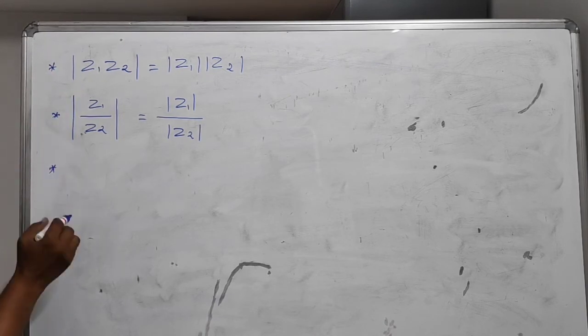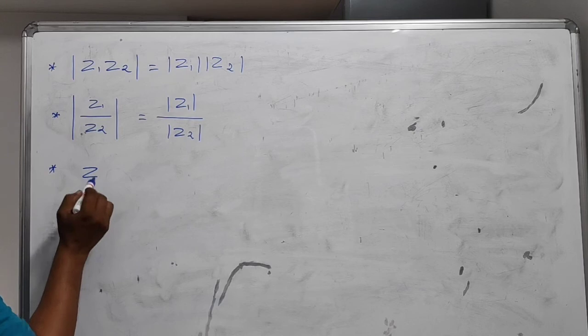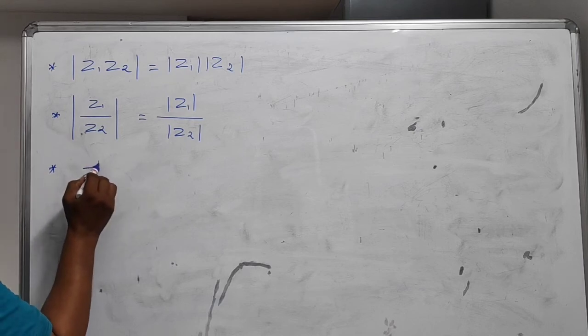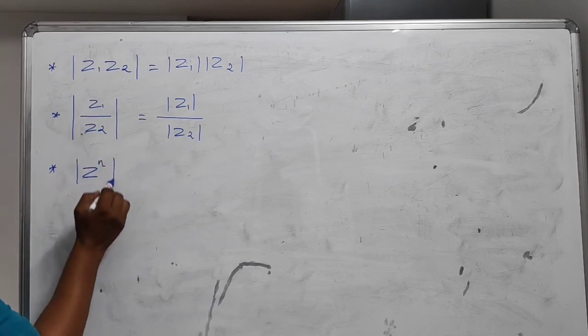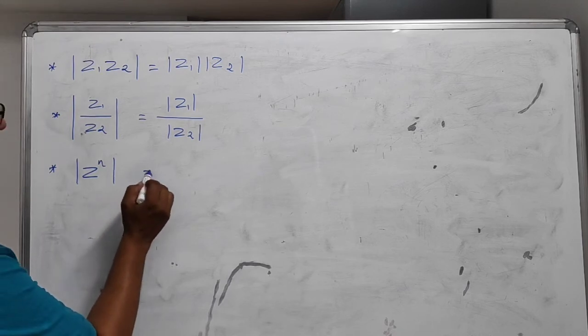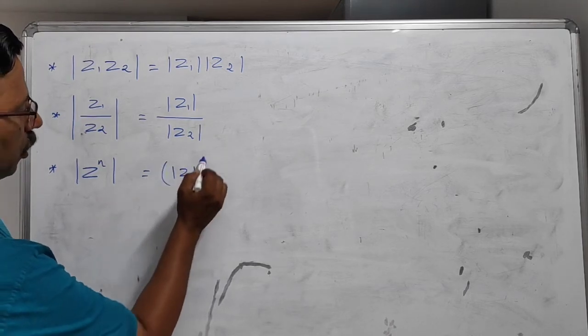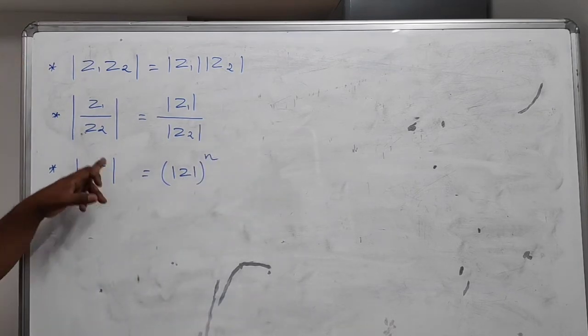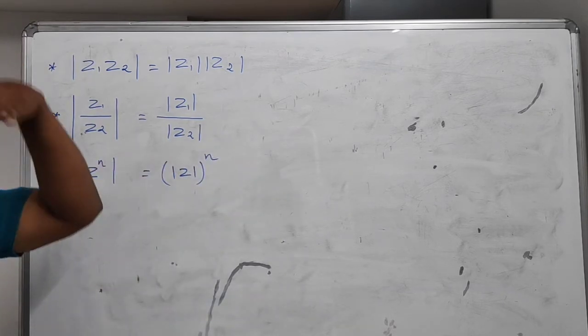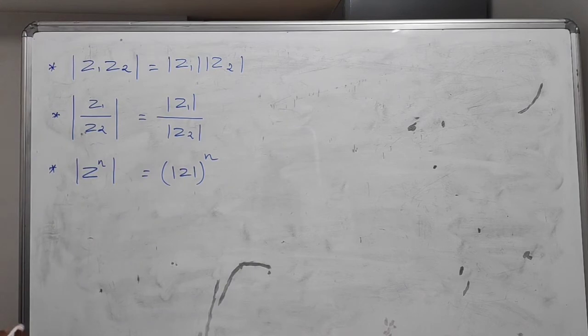Next is another property. First, you can take z power n. You can take the modulus for this one. This is nothing but first taking the modulus, then raising to the power n. These two can be interchanged, like conjugate. Okay, next one.